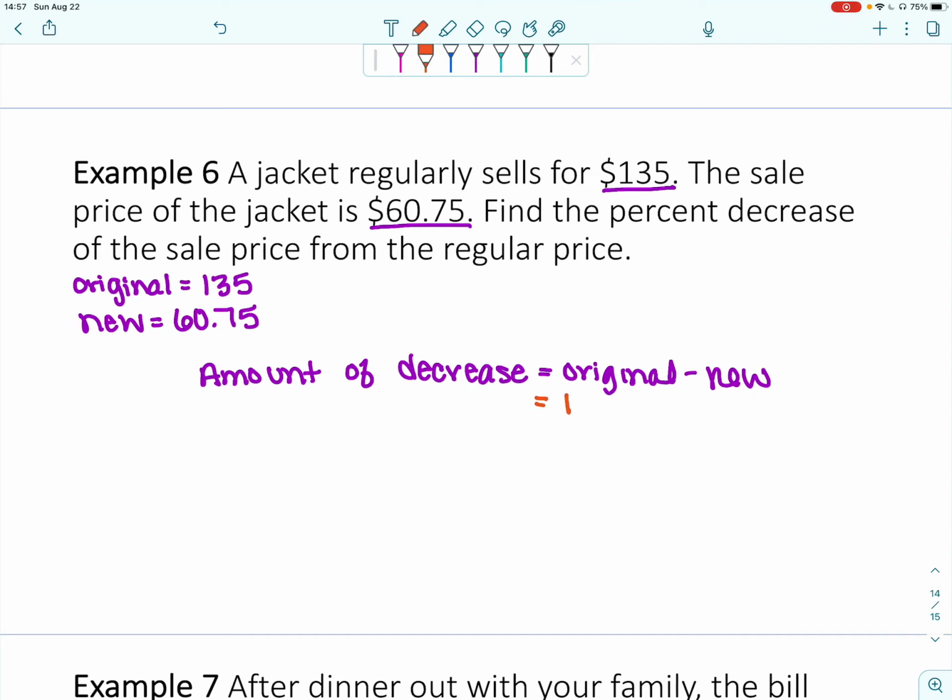So originally the jacket was $135. Now it's selling for $60.75. So that is a decrease of, whoopsies, $74.25. So that's how much they decreased the price of the jacket.